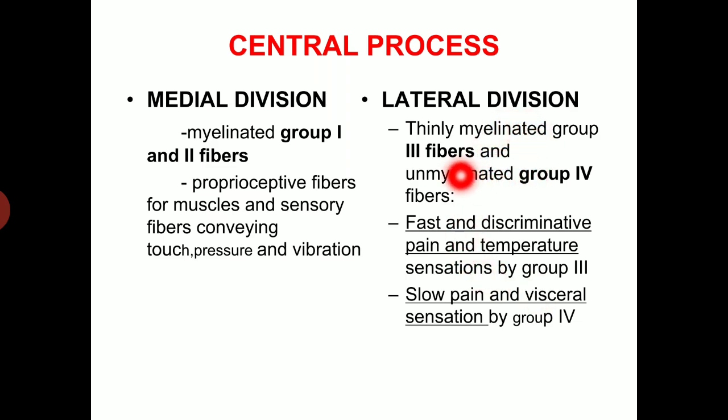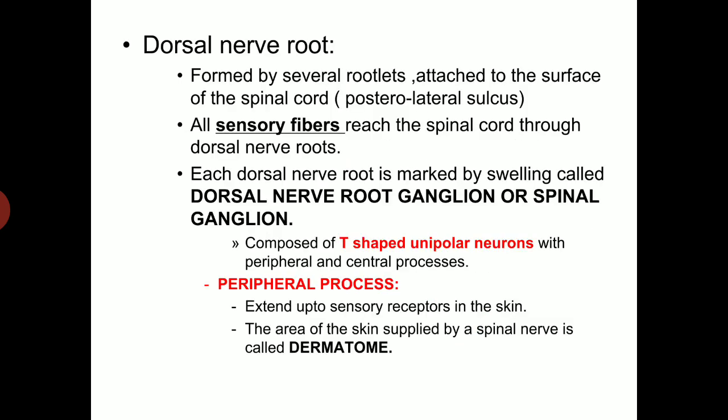The lateral division has group 3 and group 4. Group 3 is thinly myelinated and group 4 is unmyelinated. Fast and discriminative pain and temperature sensation is carried by group 3, slow pain and visceral sensation by group 4.